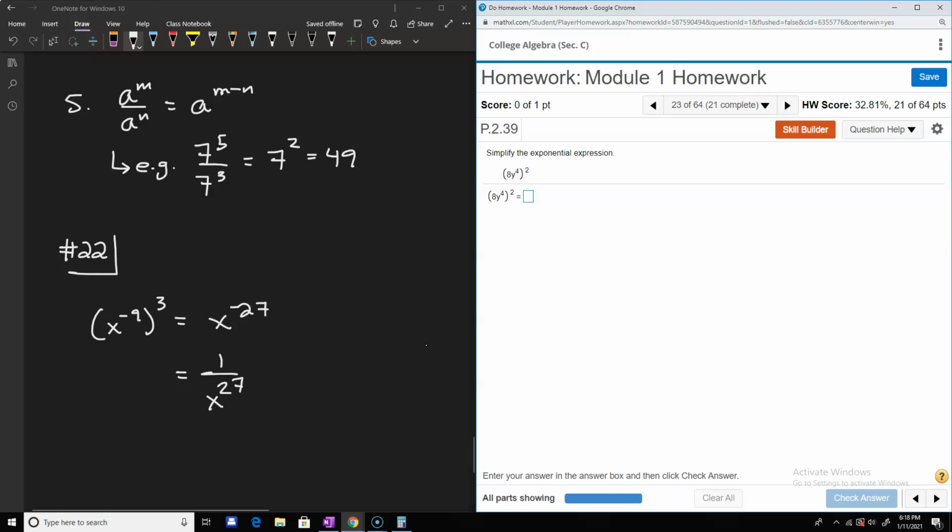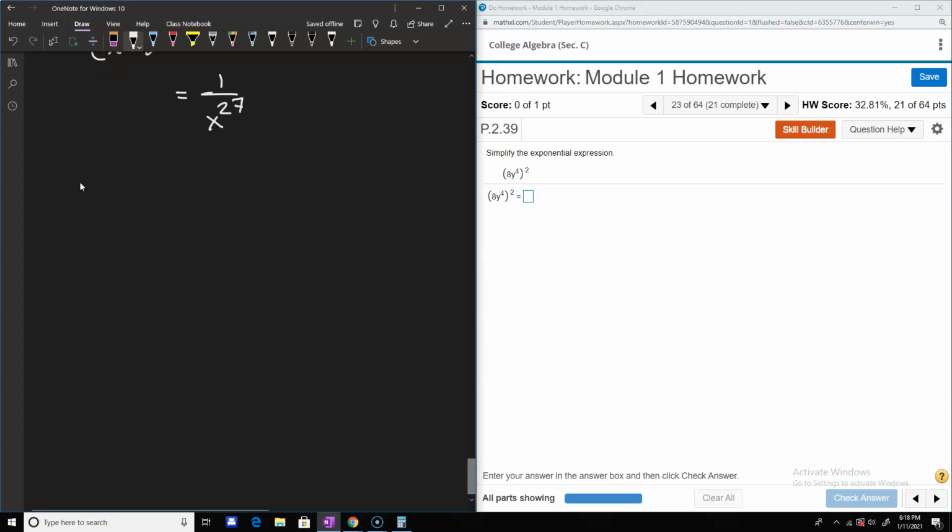Okay, let's look at number 23 here. Some more exponent issues. So the trick to evaluating this one is you need to apply that exponent to each part. So you have to square the 8 and you also have to square the y to the 4th. You have to square both parts.